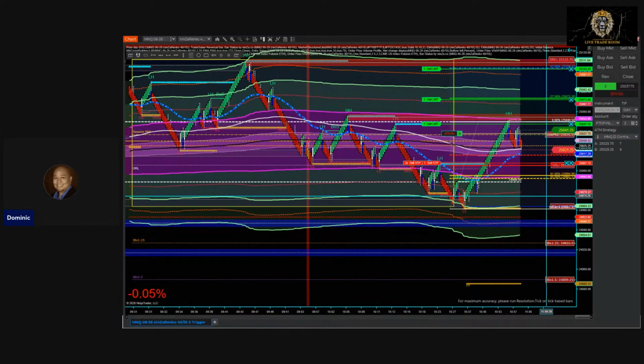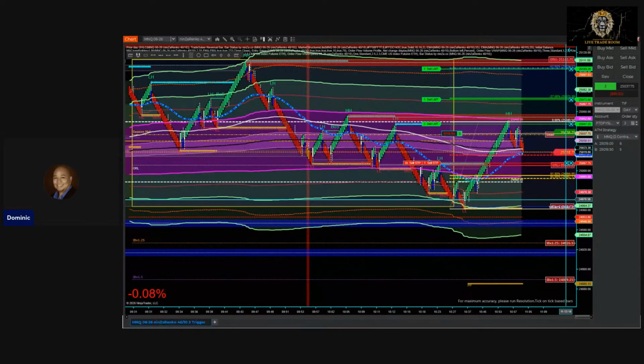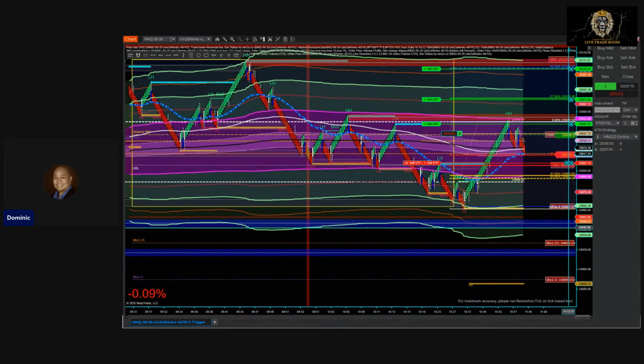See that? So we have a higher right there. We have a lower high. So this is going to create a lower low now. It's going to come down here somewhere. There it is. Hopefully it bounces off here.